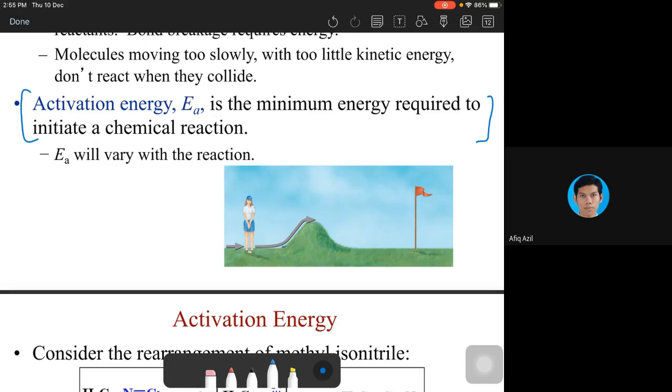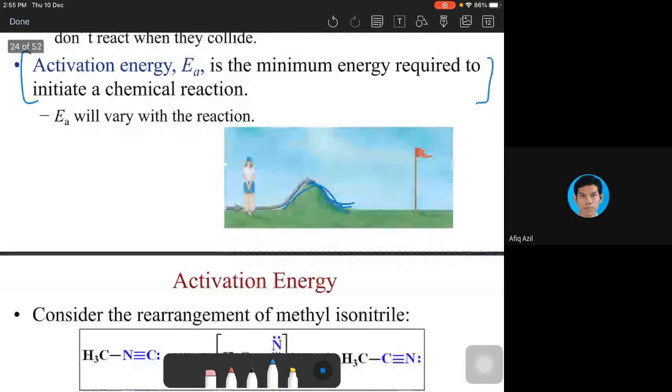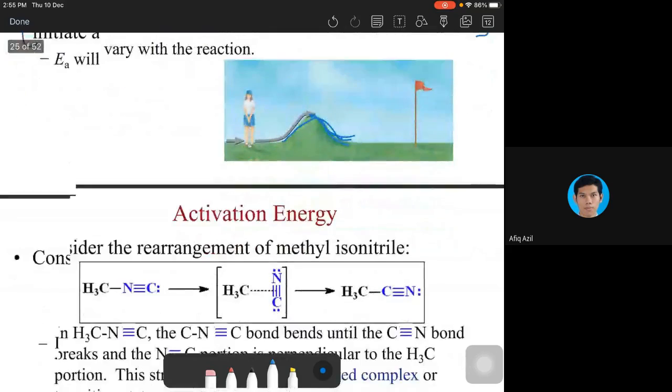In order for the ball to go over the hill, there must be a minimum amount of energy for her to hit the ball so that the ball can pass this highest top and then move over to this side. So that is another way how activation energy can be explained.